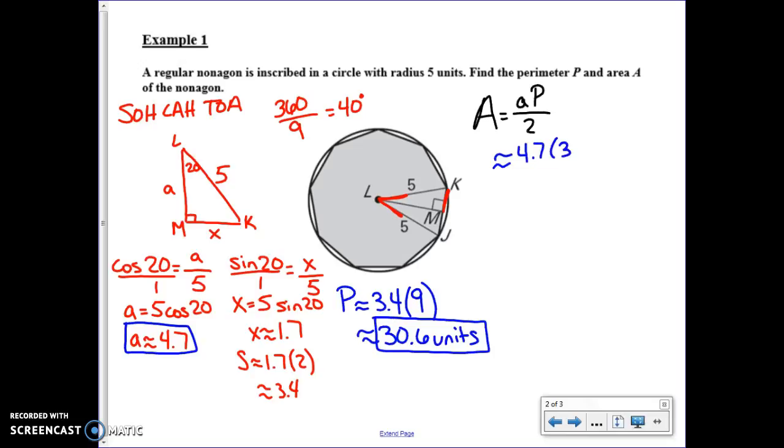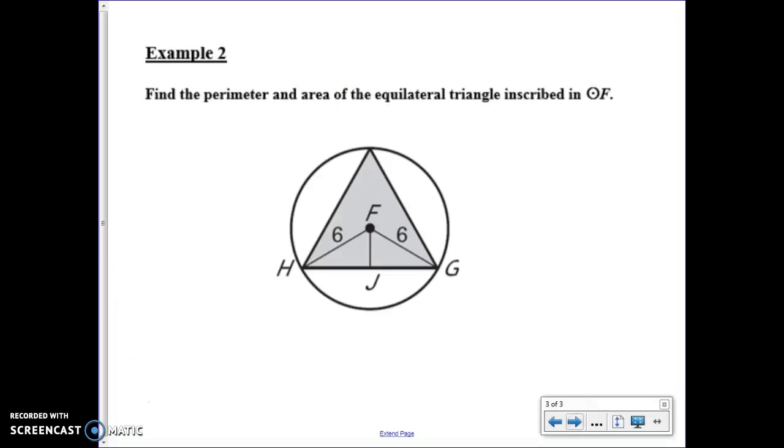The perimeter is 30.6. And we're dividing by 2. So 4.7 times 30.6 divided by 2 is 71.91 units squared. And that's it for this first problem. It's a lot of work for just one problem. But if you take it step by step, the work isn't too bad.